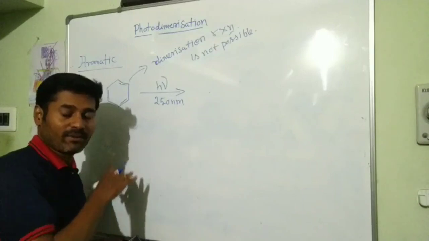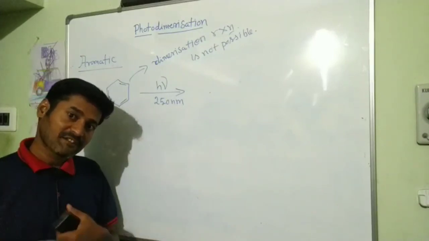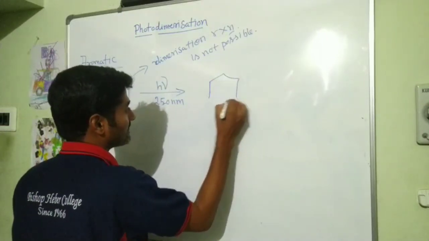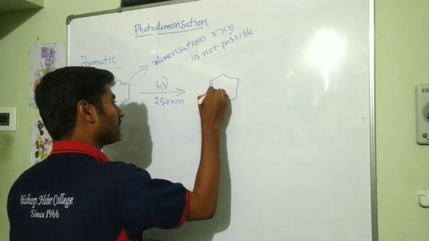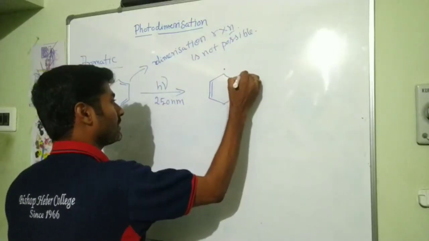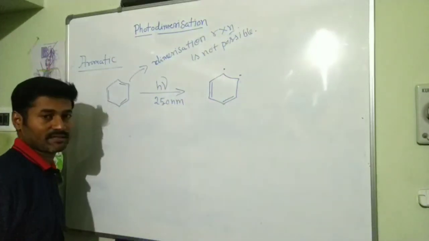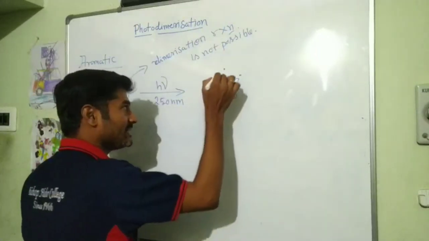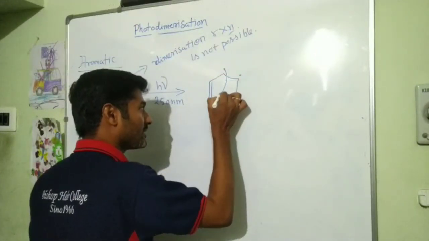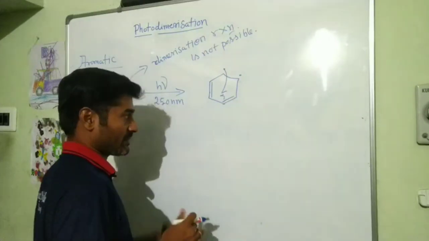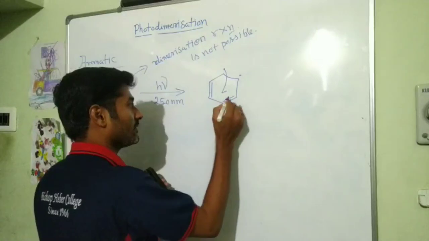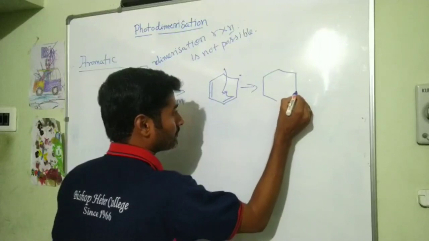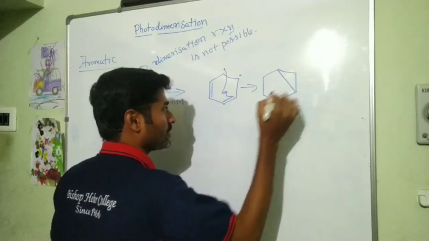So once again, like a previous one, this one also can undergo intramolecular reaction. Initially it will form a biradical. Let us assume this radical formation. If you have like this, let us take one pi bond. This will form a biradical, and this radical will interact with this carbon, and you'll get new bond formation.